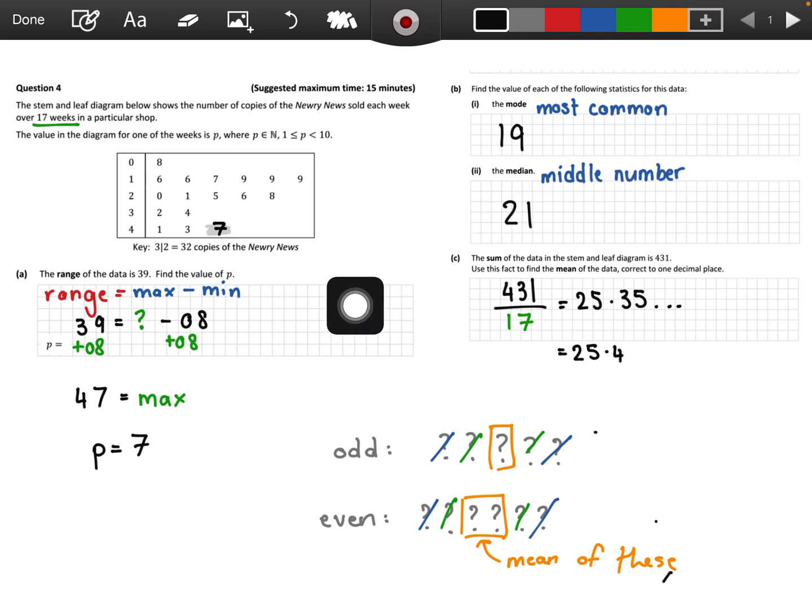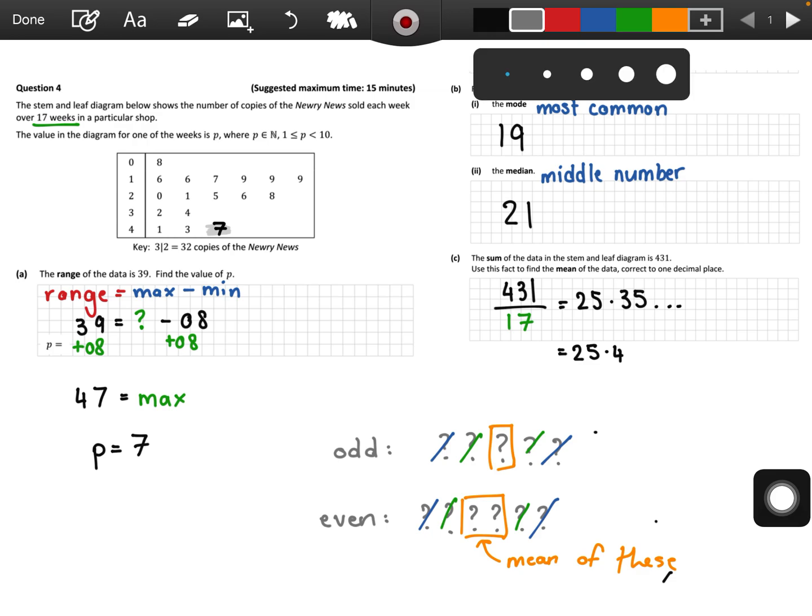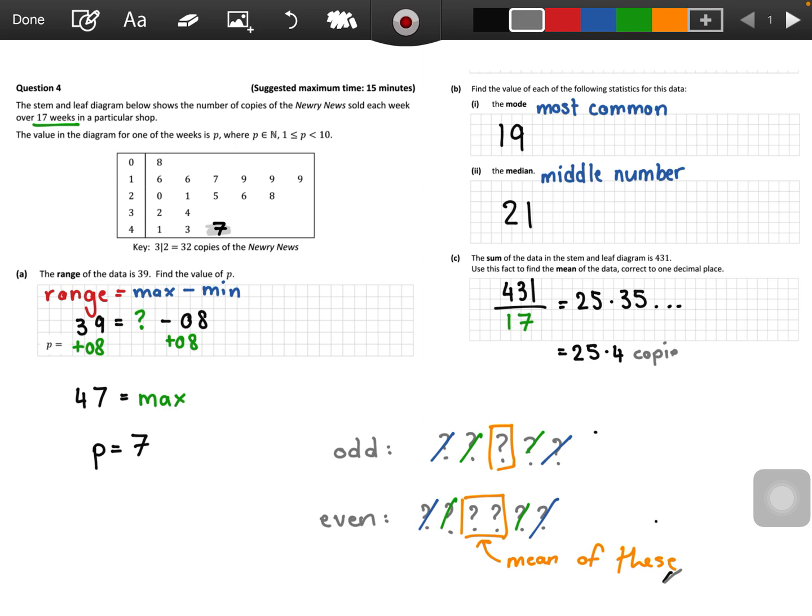If there were units here, for example centimetres, then I would write centimetres here. So that is my mode, median, mean.